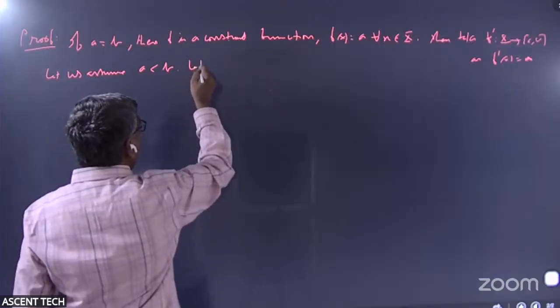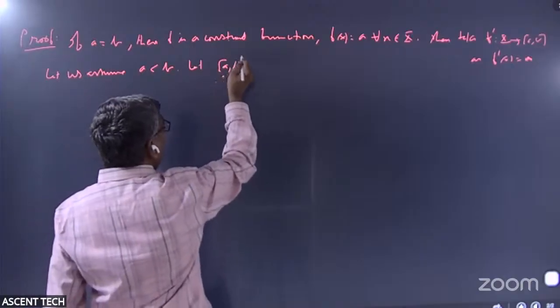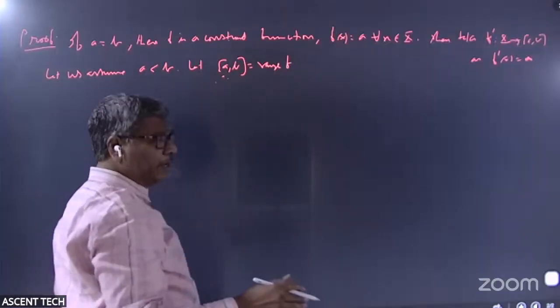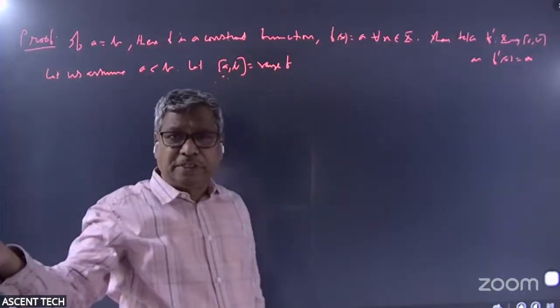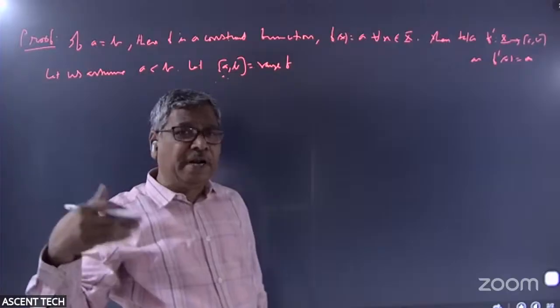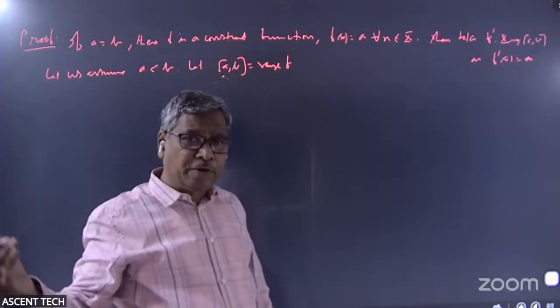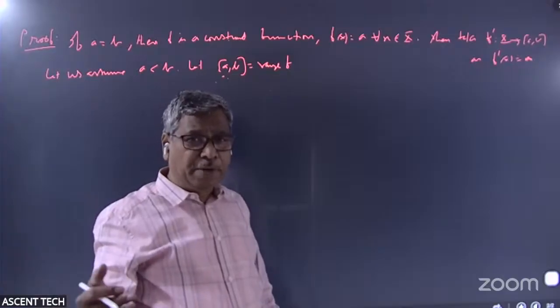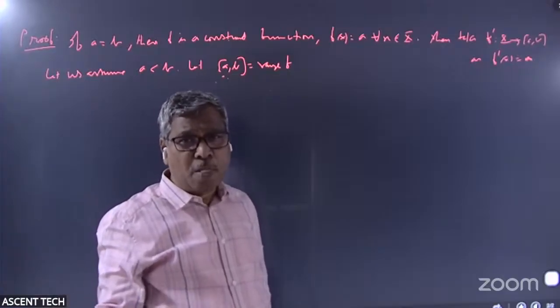Let [a, b] be the range of f. f is taking values inside an interval, but it may not take some values. So I want to make that codomain as small as possible. So [a, b] is the smallest interval which contains all the values of f.